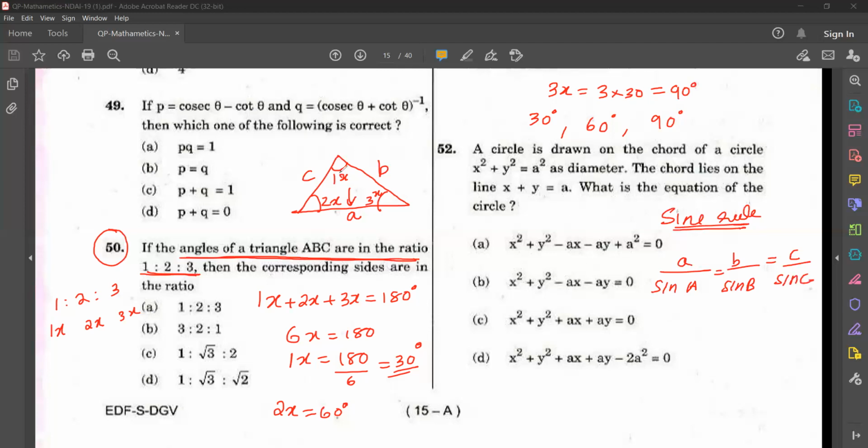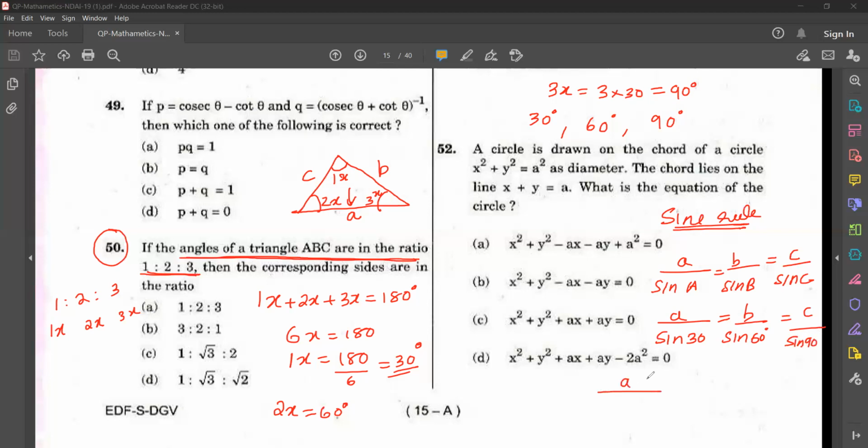So here A, that is this side, by sine 1x, that is sine 30, is equal to B by sine 2x, 2x means 60, B by sine 60, is equal to C by sine 3x, 3x means 90.